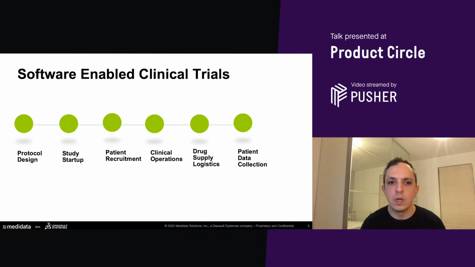Following that, you've got clinical operations, which is the software that I am personally dealing with the most, and this has to do with the monitoring and management of a clinical trial. So this has more to do with the management of the trial and making sure that the quality is maintained during all aspects of the trial. And you've got drug supply logistics.